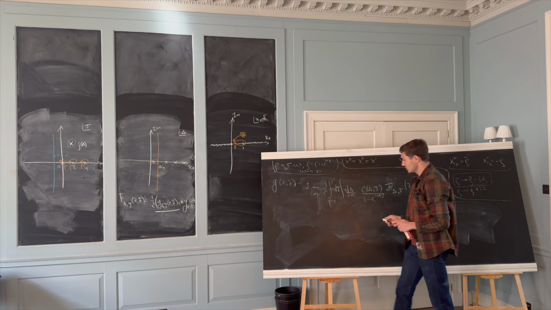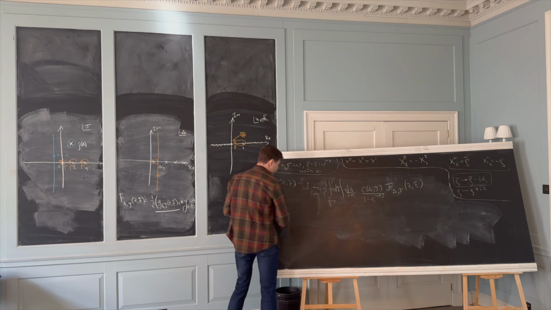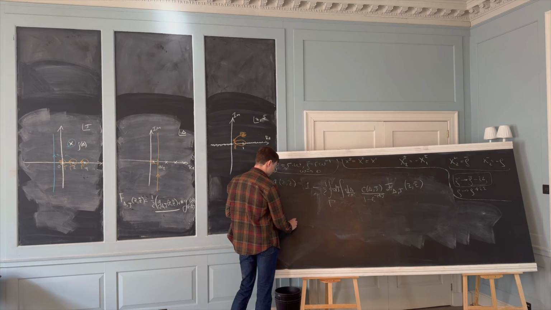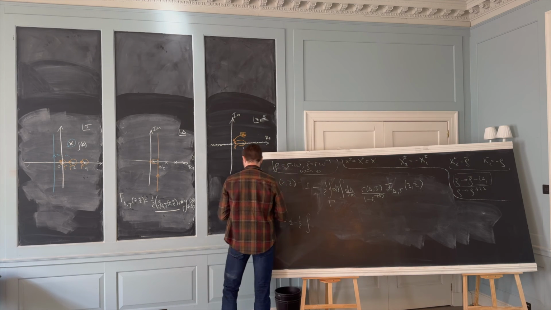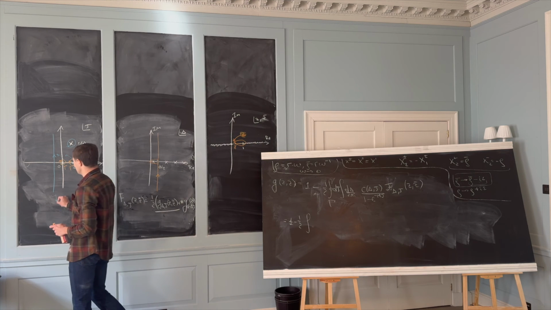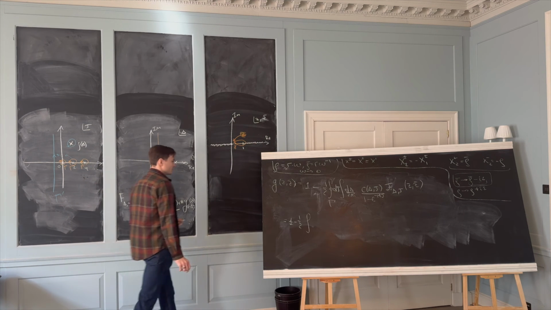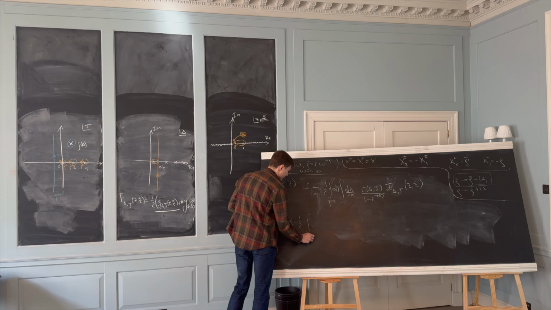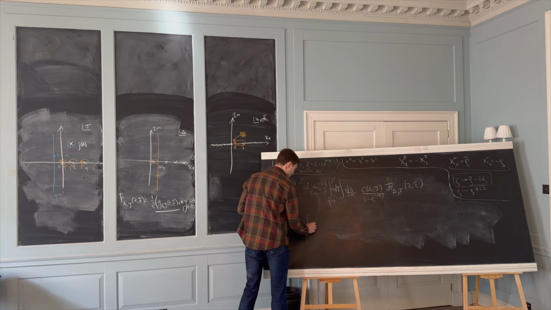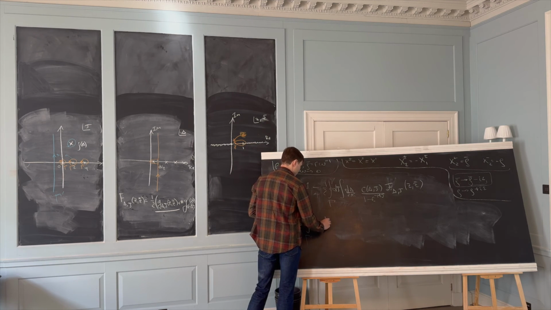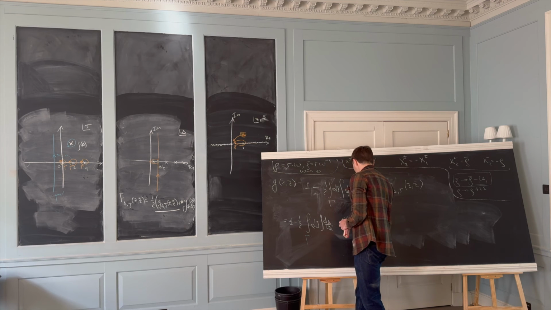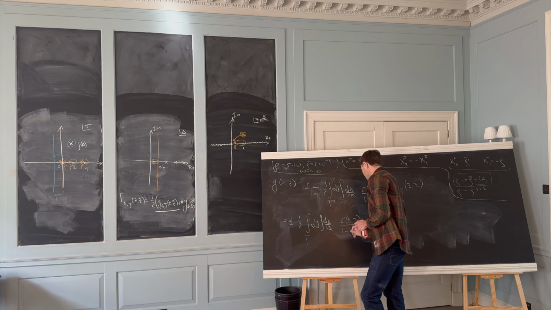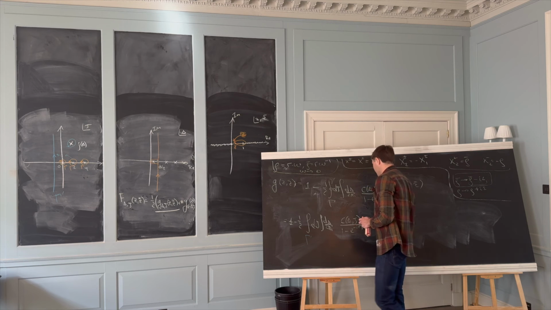And so if we do that, then this becomes the integral, let's call this blue contour now gamma prime, integral over gamma prime of c delta j over 1 minus e to the minus i pi j.